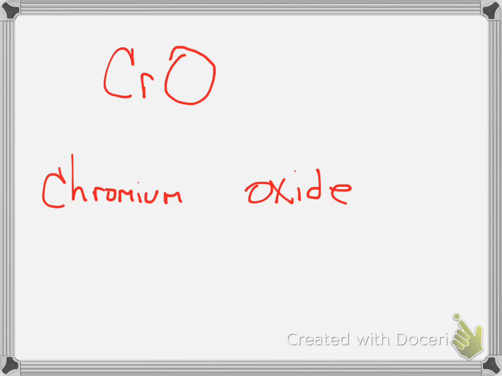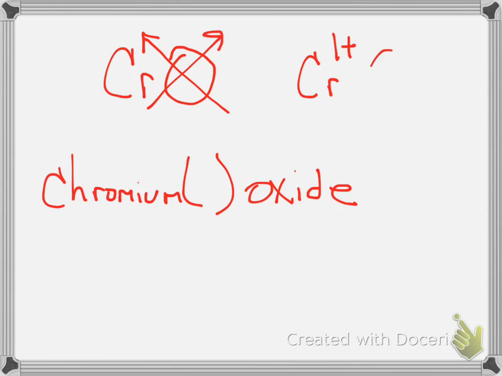I know that chromium is a transition metal, so I've got to have Roman numerals. Now, I said I got to re-crisscross my charges. So one up there, this one up there. There are no subscripts. Well, that must mean that I have Cr 1 plus and O 1 minus. So that must mean my Roman numeral is 1.